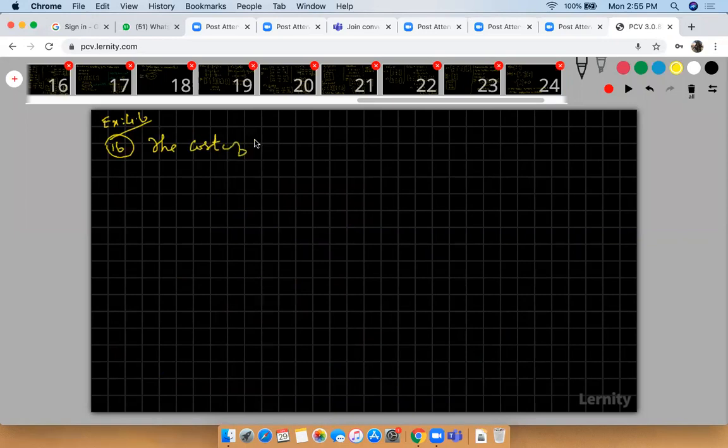The cost of 4 kg of onion, 3 kg of wheat, and 2 kg of rice is rupees 60.